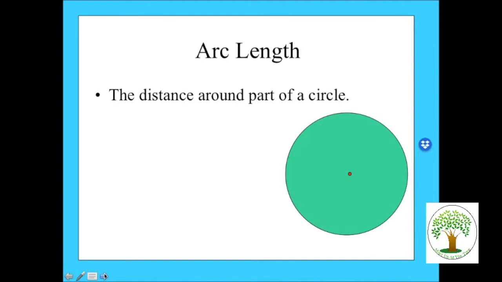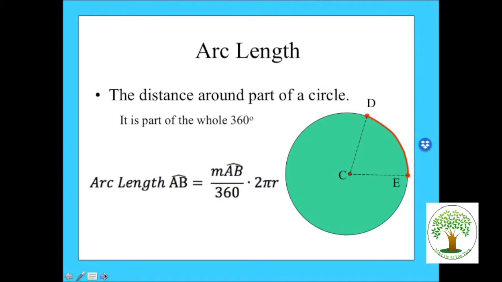Okay. The distance around part of a circle now is what we're going to be talking about. If I wanted the distance around only part of the circle, not the full circle, then I want only part of that circle. The whole is 360. The part that I want is this fraction inside here.